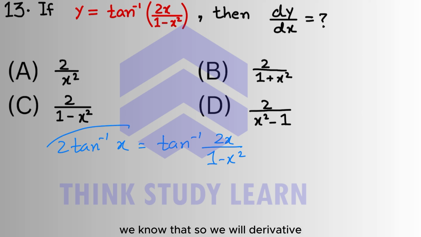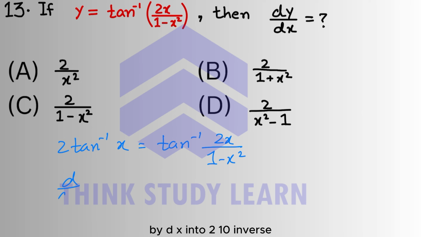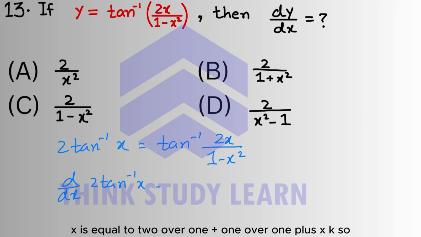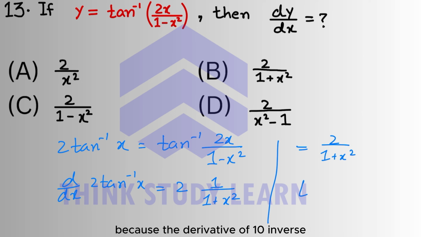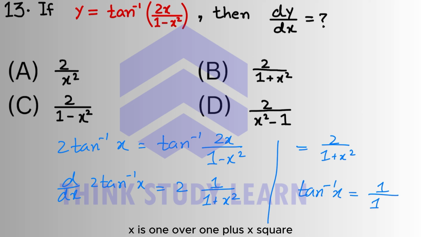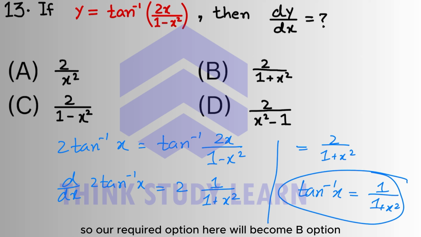So we will take the derivative of this formula of tan inverse. d by dx of 2 tan inverse x is equal to 2 into 1 over 1 plus x square. So the answer will become 2 over 1 plus x square, because the derivative of tan inverse x is 1 over 1 plus x square. We have used this identity here. So our required option here will be B option.